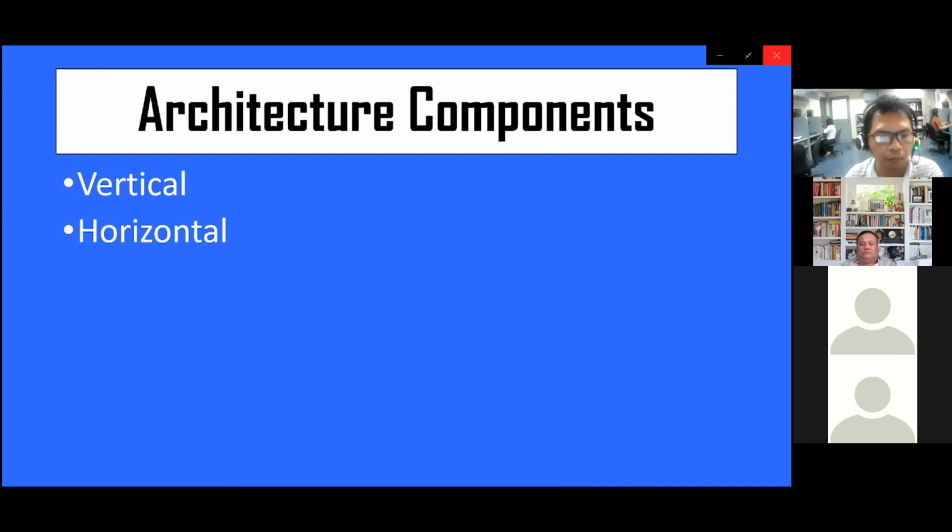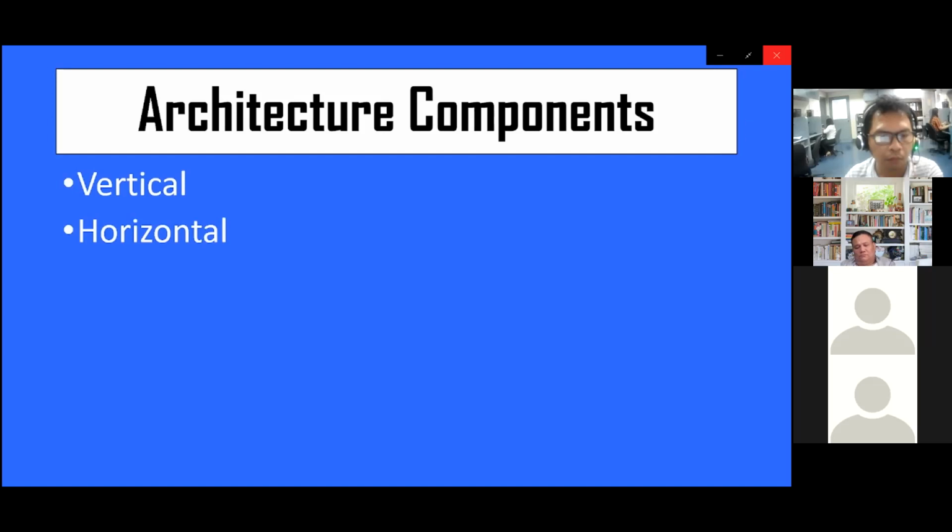Next is the architecture components. In a framework, you have components. We have two types: the vertical and the horizontal components. When we say vertical components, it's all the changeable goals, processes, and systems that serve a single business unit. For example, the human resource management part of the company: their data, their processes, and their systems are theirs alone.